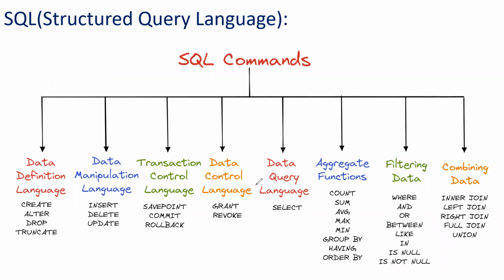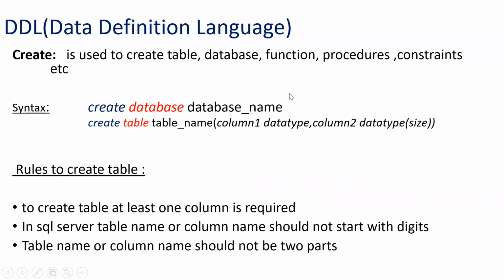Now, first one, DDL. DDL means data definition language. What are you going to do in data definition language? In data definition language, you are going to create a table. So this is the table.